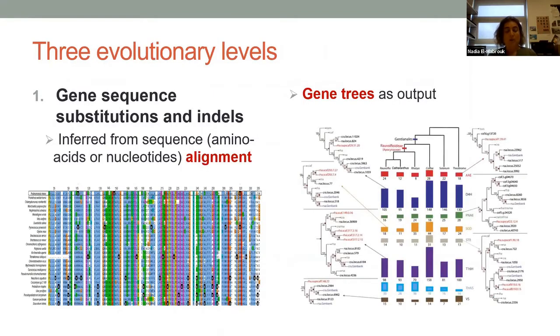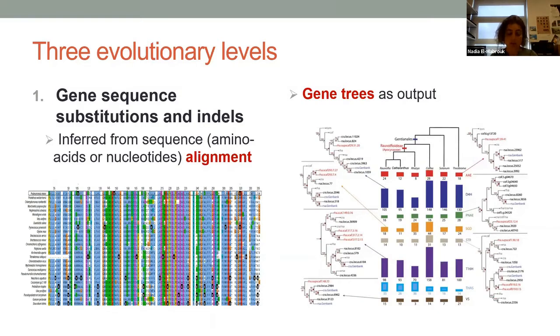When we want to study the evolution of these conserved blocks of genes in the genomes, we have to take into account various levels of evolution. First, at the gene sequence level, from the alignment of amino acid or nucleotide sequences, we can infer the evolution of each gene family, so each gene in the syntenies, through punctual mutation, through substitution and indel.